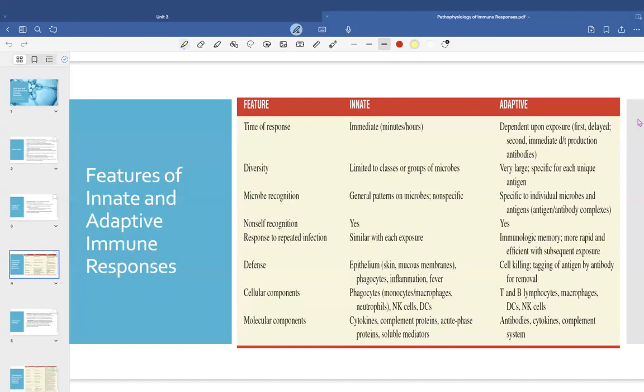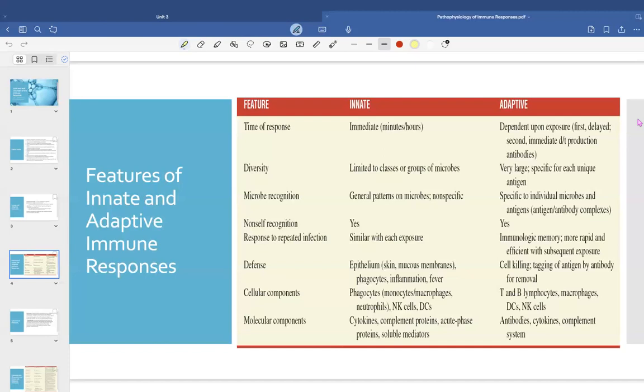As far as the adaptive, the diversity is very, very large, but very specific for each antigen. Each microbe has its specific antigen that our adaptive immunity can then hone in on after the initial exposure.